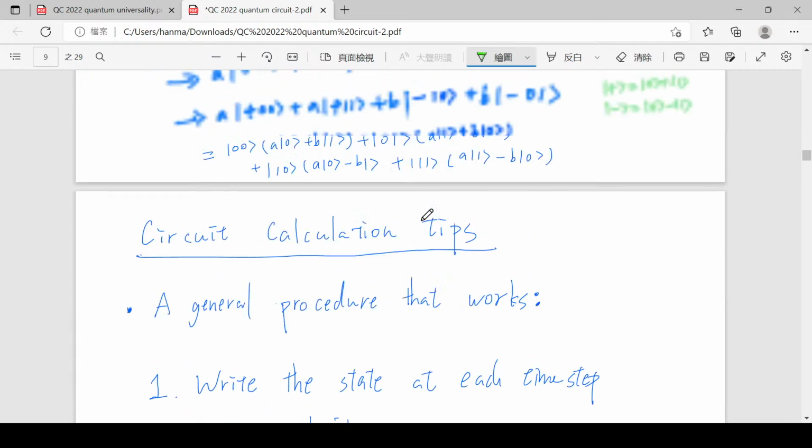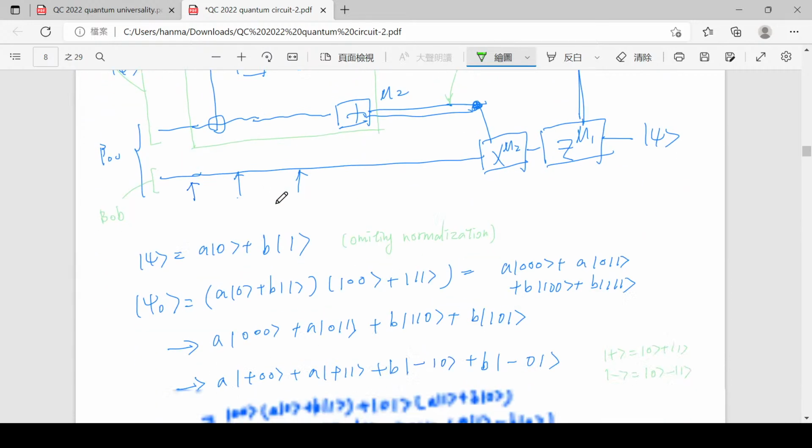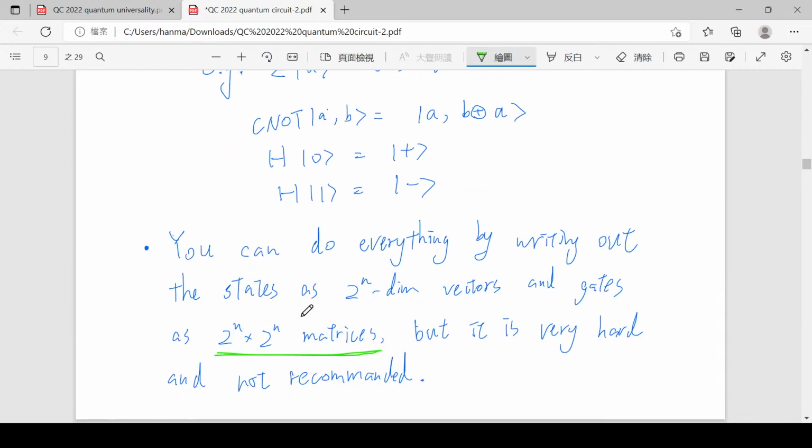But as you might see in your homework, when you have about 3 or 4 more qubits in your algorithm, you get 8 by 8 or 16 by 16 matrices, and it's really painful to do that. So it works, but it will take a lot of time. If you are writing a computer algorithm, then this works. But if you are doing this by hand, you need to consider whether this is efficient.